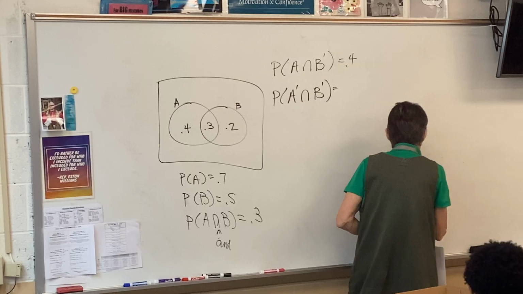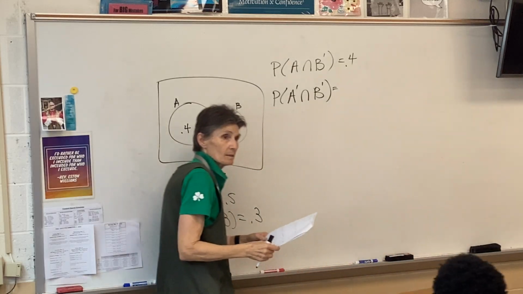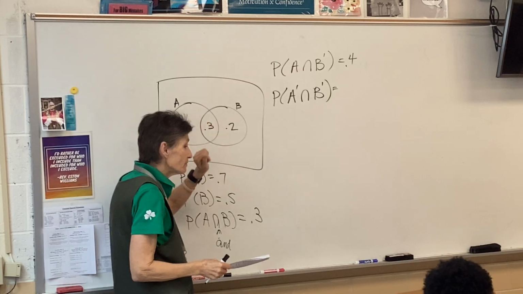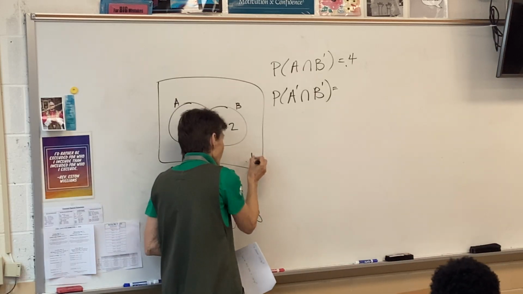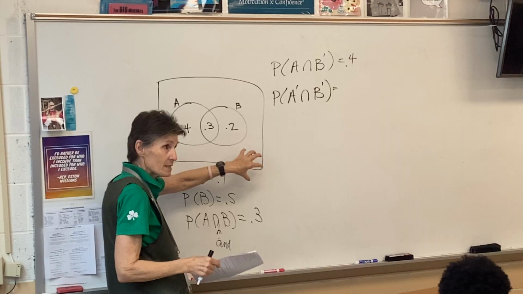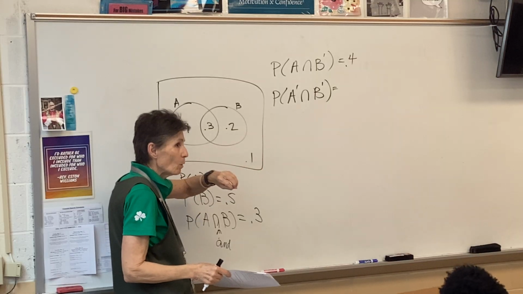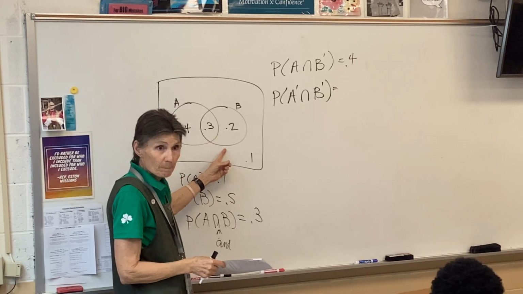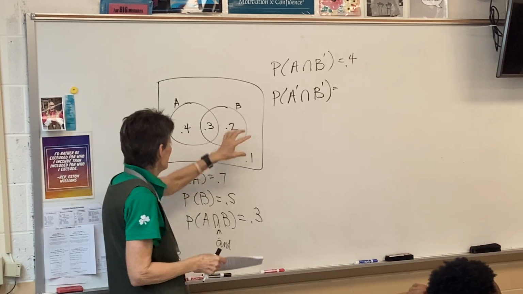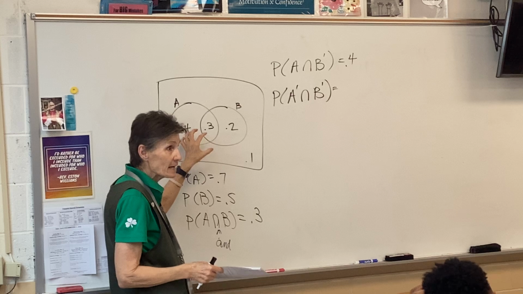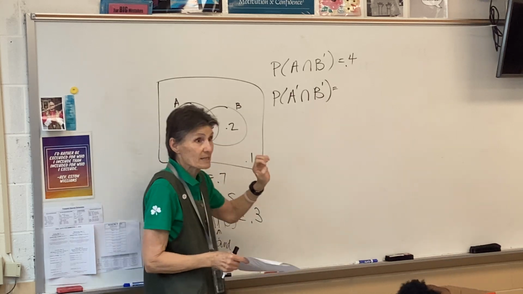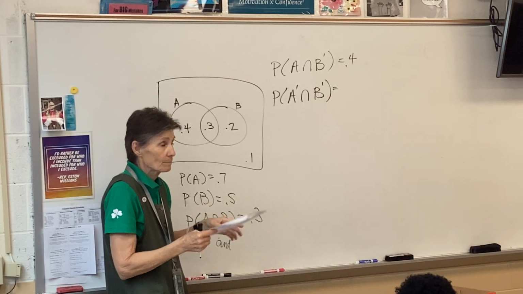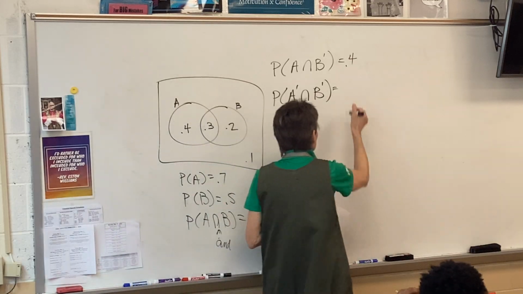Well, wait a minute. That means I don't like any of that, right? Joseph? It is 0.1 because those people are out here. And why is that 0.1? Because you have 40%, 30%, and 20%. So how many percent is inside? 90. That means there's 10% outside. So that answer is 0.1.